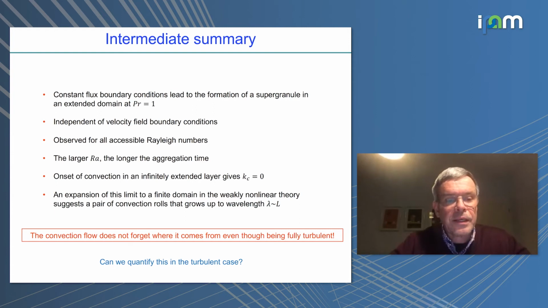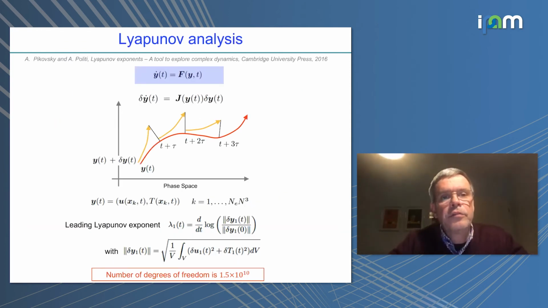So can this be quantified in the turbulent case? And we decided to conduct a Lyapunov analysis to look into this. Let us recall what this implies. Well, we consider our convection flow as a dynamical system, and the evolution of this flow is a trajectory, which I marked here in red, through a very high dimensional phase space.